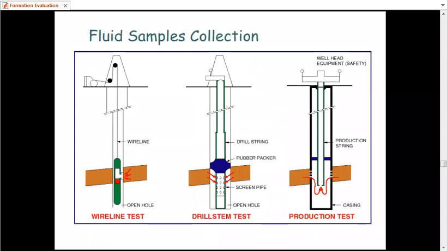And also one of the great functions of the modular dynamic tester or the formation tester is fluid sample collection. Actually, we have three methods for fluid sample collection, starting from the wireline test, and also in drill stem test, and also in the production test itself.